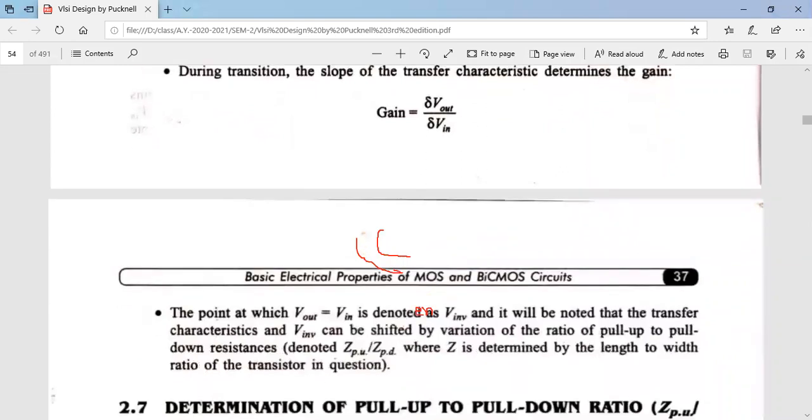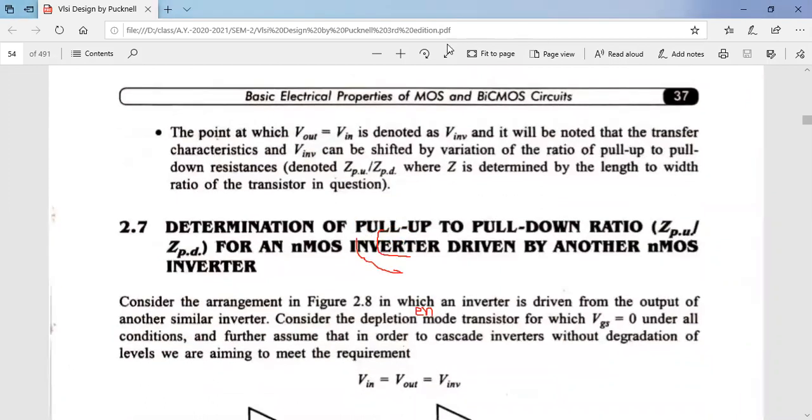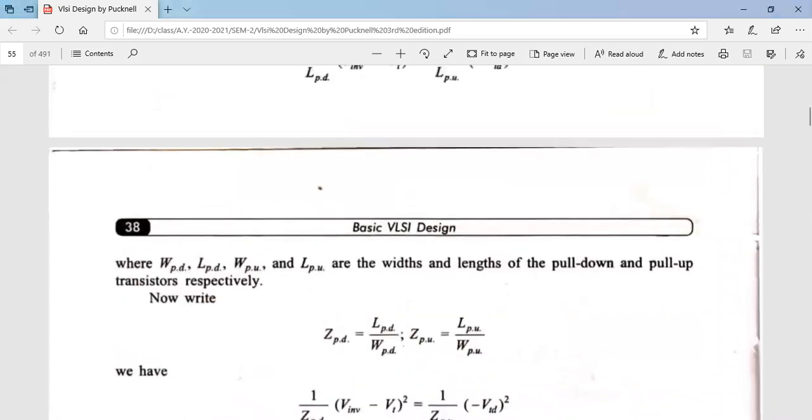When V out is equal to V in, then you can see how to determine the pull up to pull down ratio.